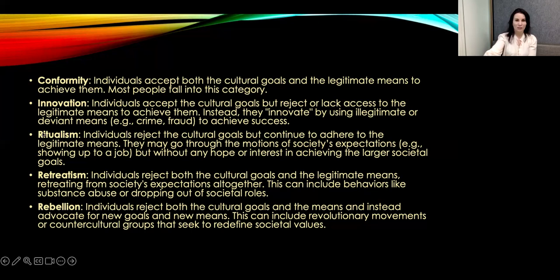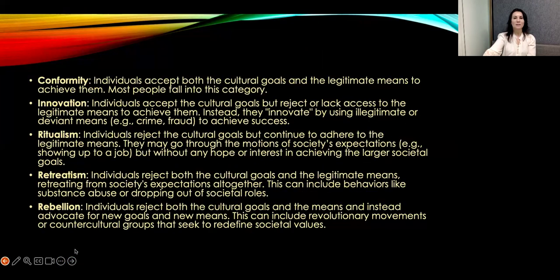Another one, if I want to read, this one is retreatism. It's individuals reject both the cultural goals and the legitimate means, retreating from society's expectations altogether. This can include behaviors like substance abuse or dropping out of societal roles and doing small crimes. So these are the definitions of Robert Merton's types.